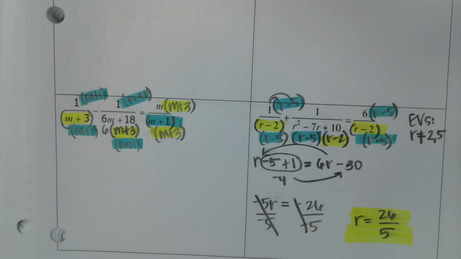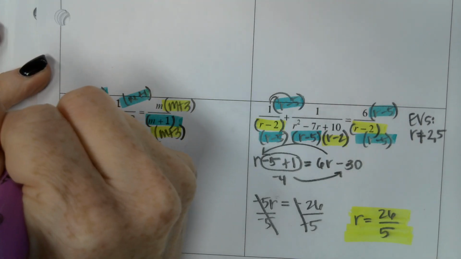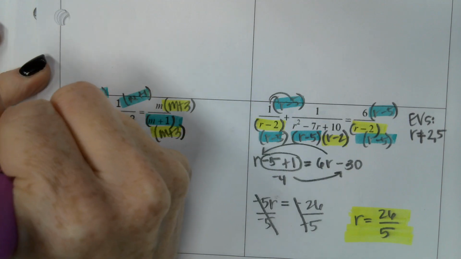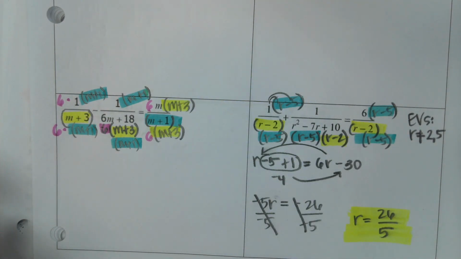All right, but I got one more thing that I need to look at. What else does every denominator need to have? The 6. This one has a 6, but I need to multiply a 6 on the numerator and denominator to create my common denominator.